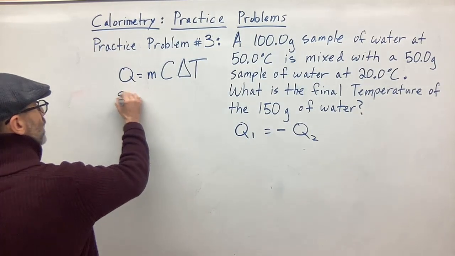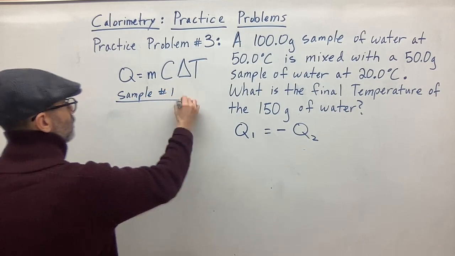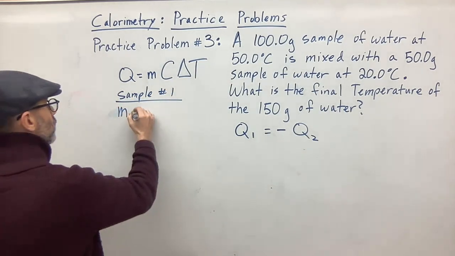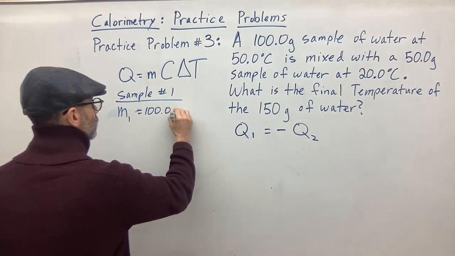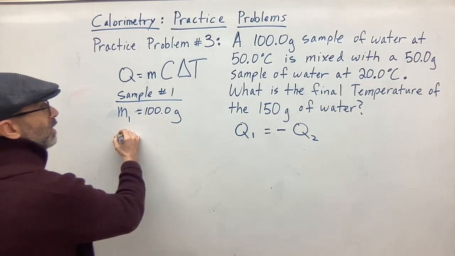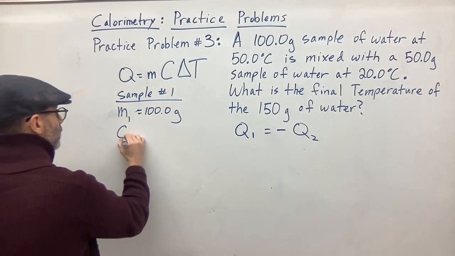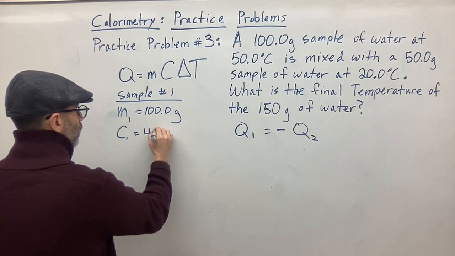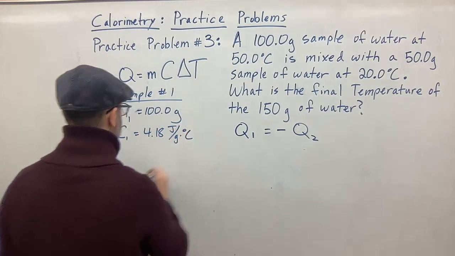So sample number 1. So we're given the mass of sample 1 is equal to 100.0 grams. We know the specific heat of the water is 4.18 joules per gram degrees Celsius.